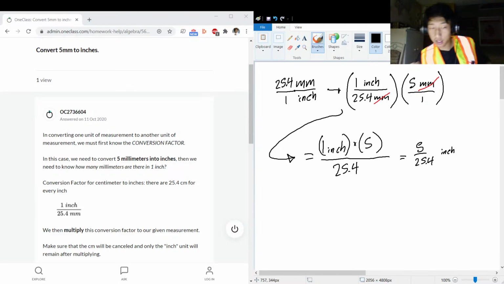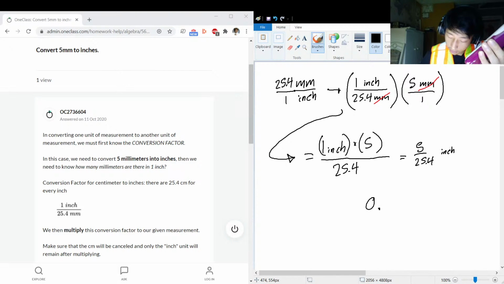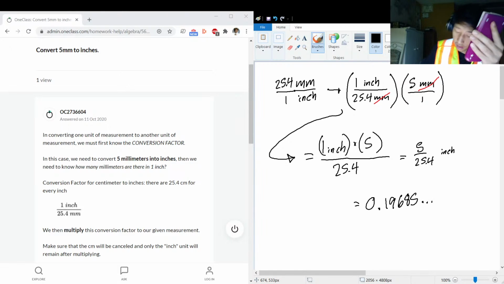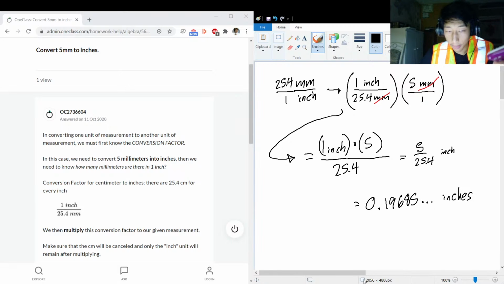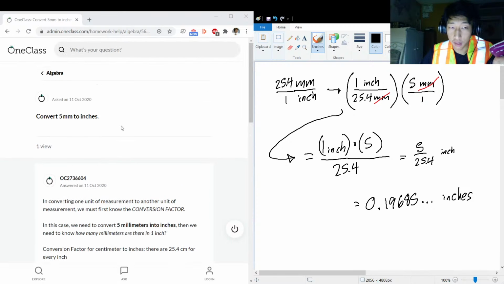Let's pull out the calculator, the handy dandy TI-84, to figure out what that is. 5 divided by 25.4. Answer to that, 0.19685, a couple decimals later, inches. Okay, that would be our final answer for converting 5 millimeters into inches.